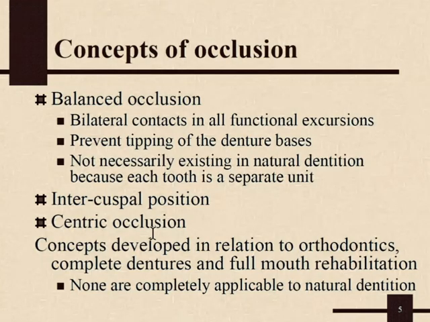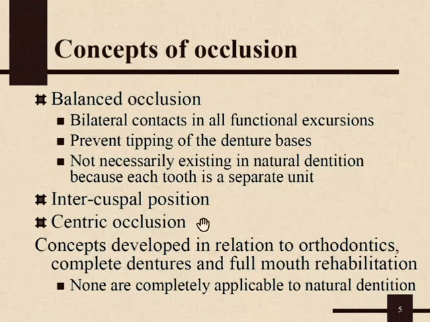This is called centric occlusion. Okay? We have also centric relation occlusion, which means simultaneous contacts throughout the mandible are in centric relation, which we'll learn about later.